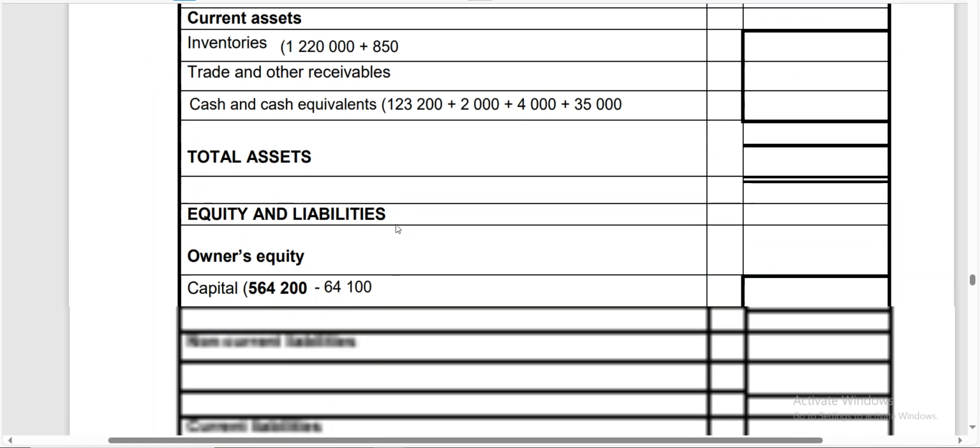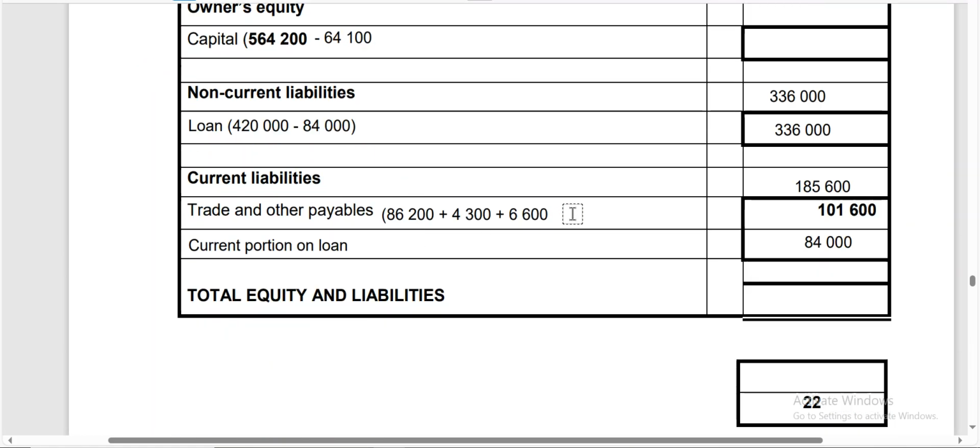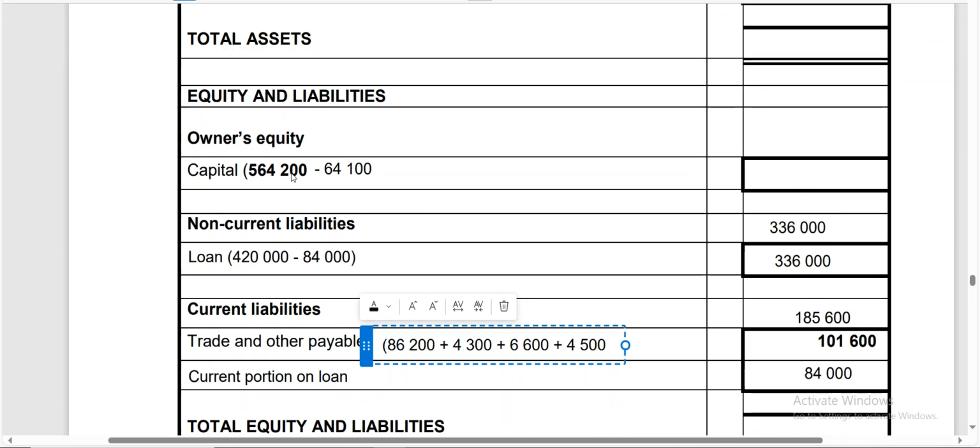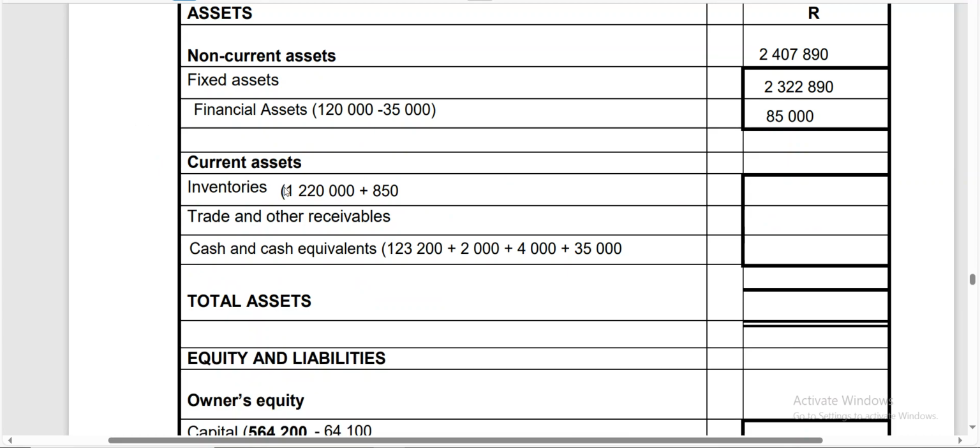I'm just going to go there now. So I'm going to come here and say plus 4,500 here. Now remember, we credited creditors control, so double entry says one account debited, one account credited. So if we credited creditors control, then we must debit debtors control. When we debit debtors control, it means that we are adding.